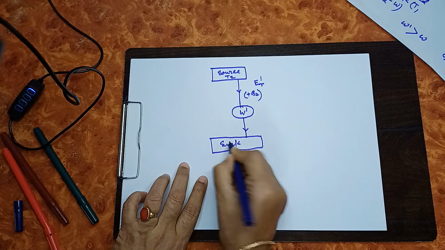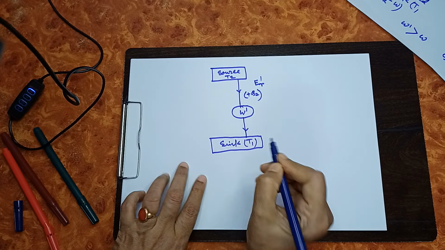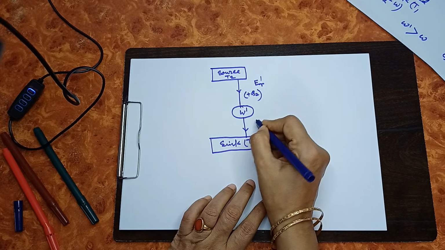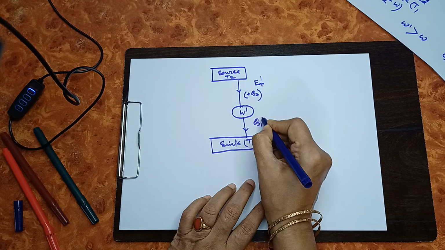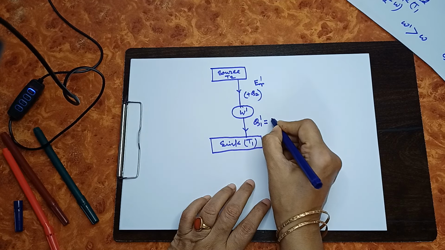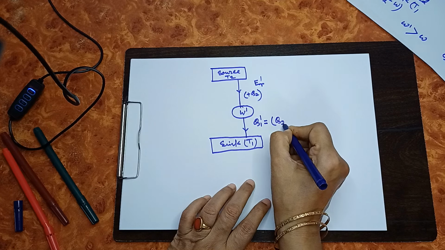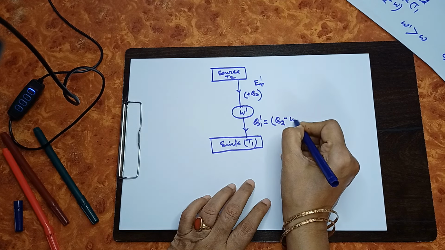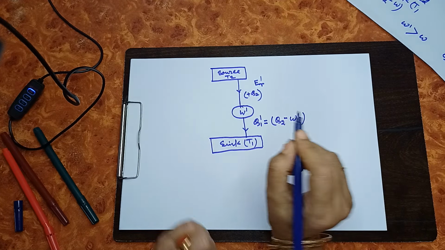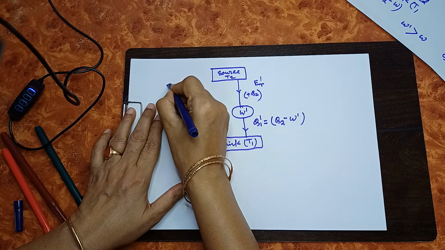This is the sink, temperature is T1. Remaining heat is how much? That is Q1 dash, which is equal to, already I wrote, Q2 minus W dash. Okay. Now coming to ER.